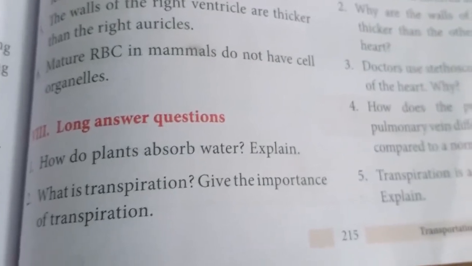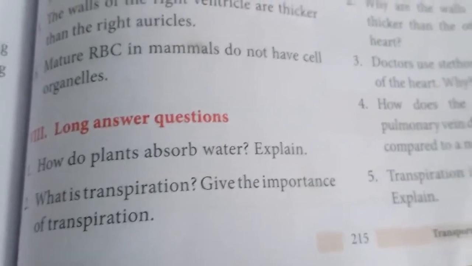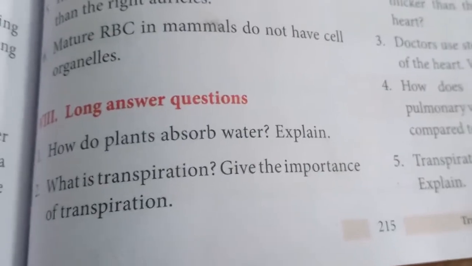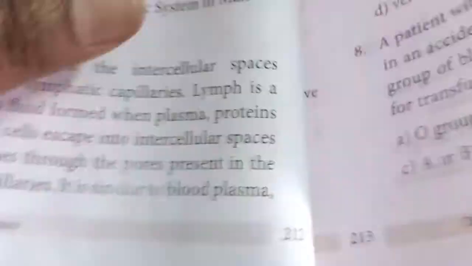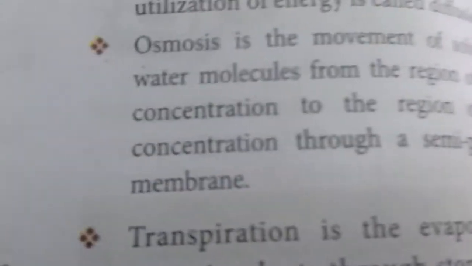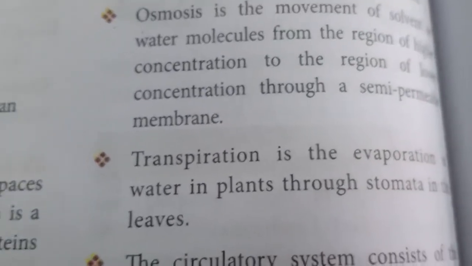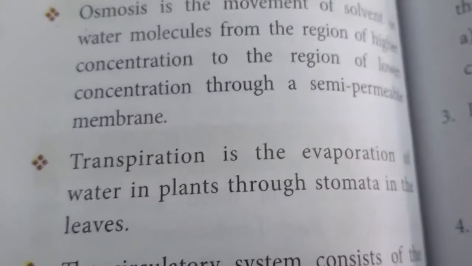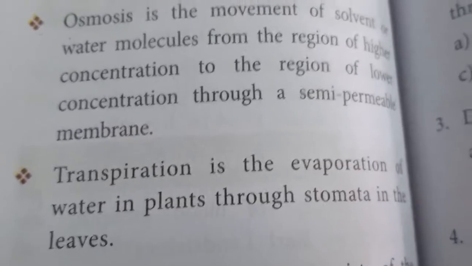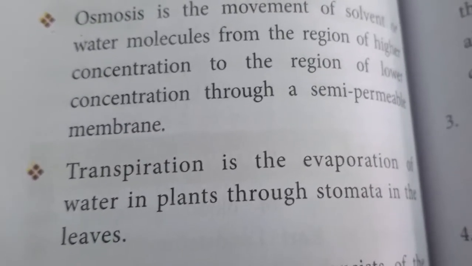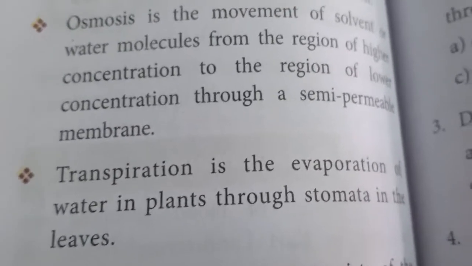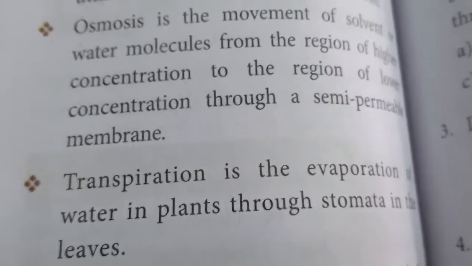Second question: what is transpiration? Give the importance of transpiration. You will find the transpiration definition on page 212, in the glossary points to remember: evaporation of water in plants through stomata in the leaves. So transpiration is evaporation of water in plants through stomata in the leaves. Let's learn the importance of transpiration, which you find on page number 203.